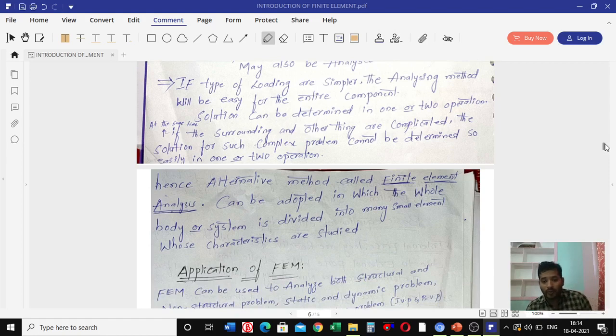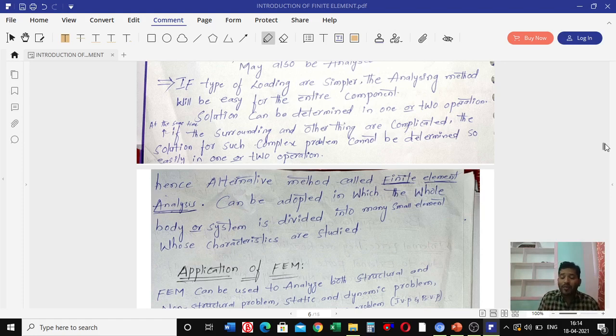Finite element analysis can be adopted, in which we divide the whole body into small elements whose characteristics are studied. In such situations, if we divide the whole body into small elements, you will get accurate results.